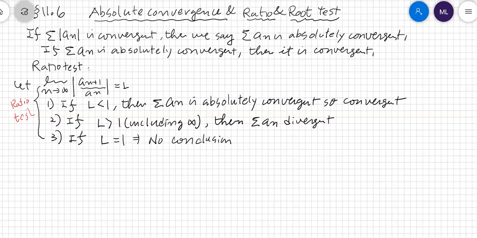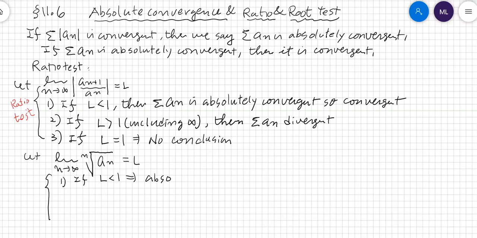Okay, what is root test? Same thing almost. Limit as n goes to infinity of the nth root of |aₙ|. Let this equal L. And then same thing. If L is less than 1, absolutely convergent.